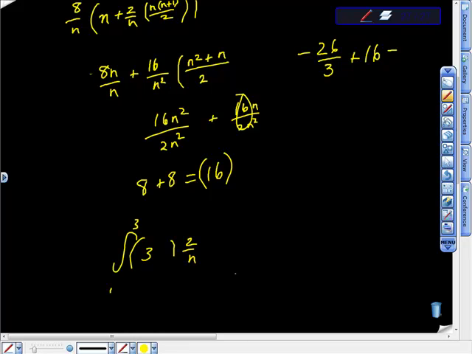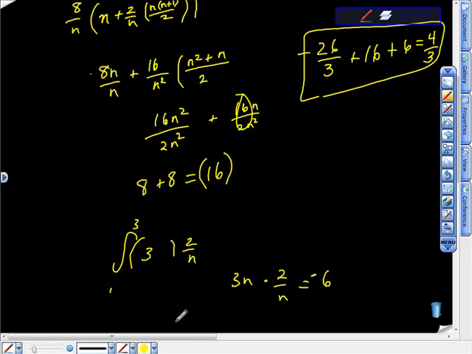When we summate that, we get 3n times 2 over n, which is 6n over n, which is 6. So we get minus 6, right? So when we do all that out, we get 4/3. Holy goodness. It actually worked. So hopefully that was good for you.